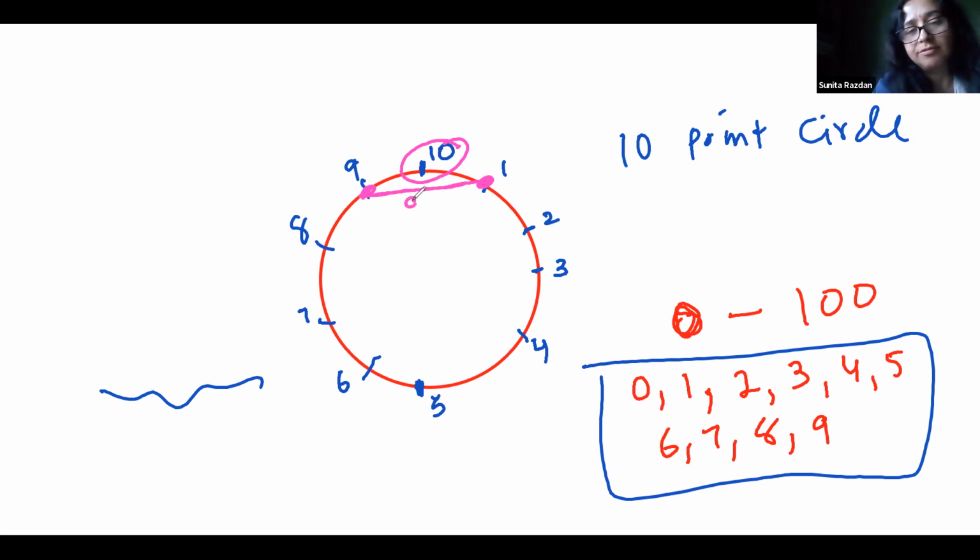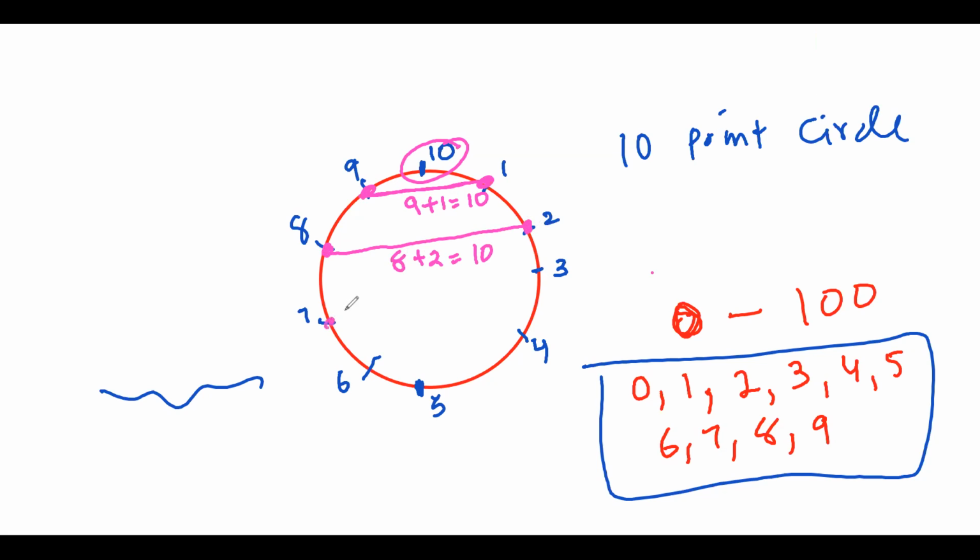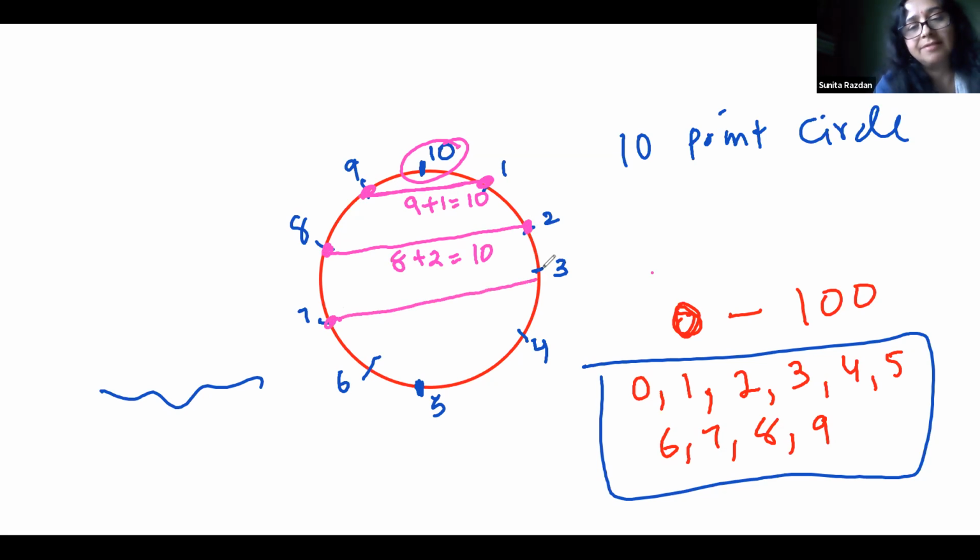If we go from here to here, what is 9 plus 1? 10. Very good. What about 8 plus 2? 10. Very good. What is 7 plus 3? 10.